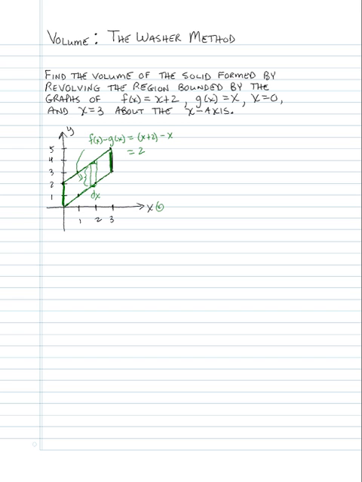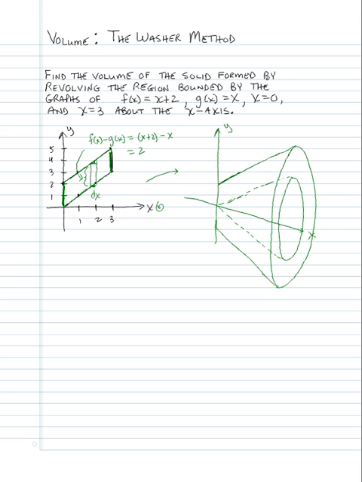Well, let's see if I can draw the shape that this rotation is going to cause. So let's see here. That's what the shape is going to look like. Okay, I think we would have some shape like this. You see that this space that we see out here, right in this area, has to do with the edge that we see right there.